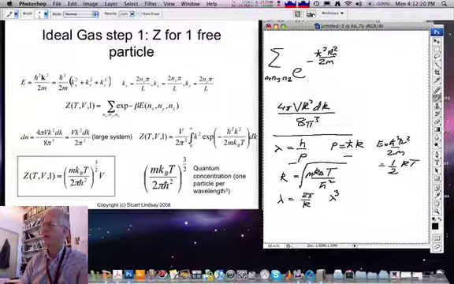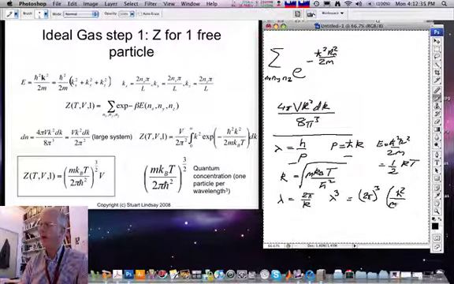Here is our expression for k, and so that volume then turns out to be (2π)³ times (ħ²/mπkT) to the 3/2.